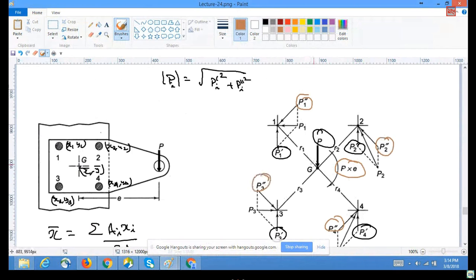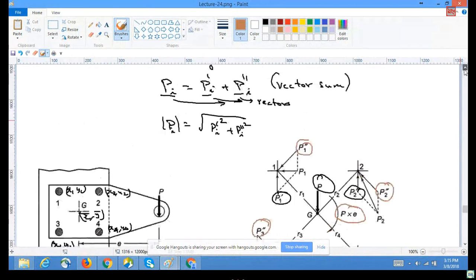So this is in the clockwise direction. You can see this is partially compensated by the anti-clockwise. This is also anti-clockwise. This is also anti-clockwise. So the sum of all these anti-clockwise moments would balance this. That is what we have even done here, right?